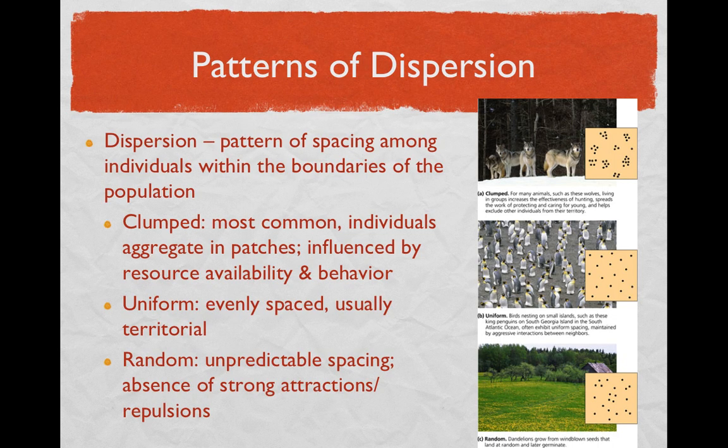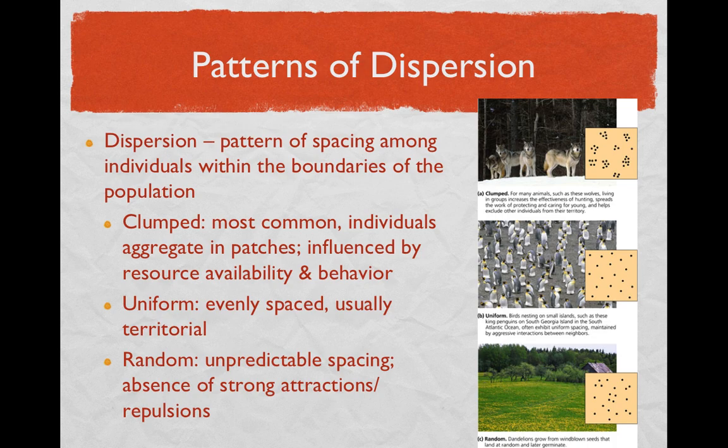Or there's 50 wolves in this corner of Yellowstone, but how do they space themselves out? All right, and that starts to give us some indications as to their behaviors, particularly with the mammals.